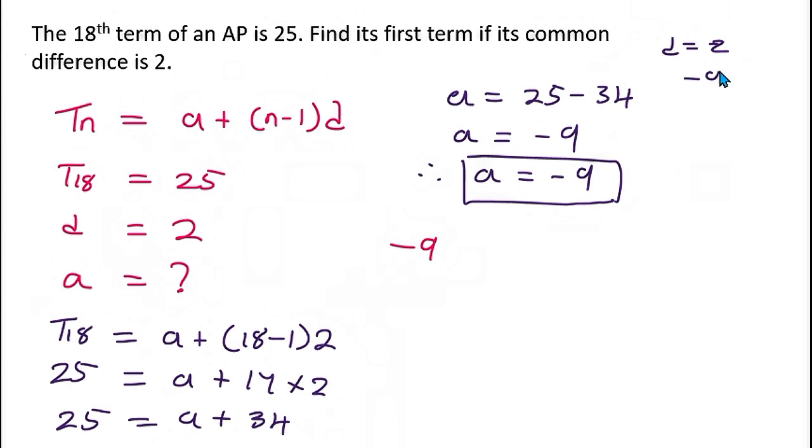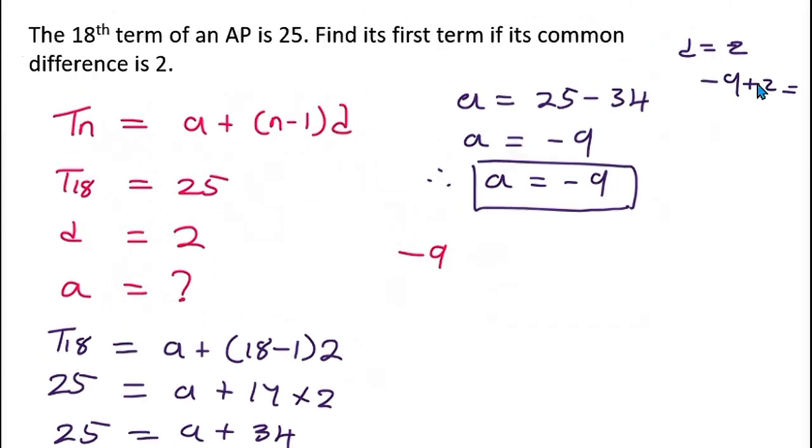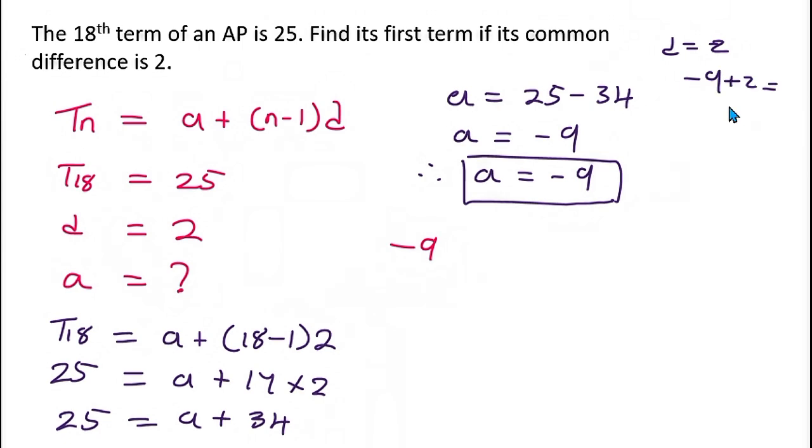So this will be minus 9 plus 2, which will give us minus 7. So if the first term is negative 9, the second term will give us minus 7, and minus 7 plus 2 will give us minus 5. Minus 5 plus 2 will give us minus 3, and minus 3 plus 2 will give us minus 1, and we continue. So we have been able to generate the first 5 terms of this sequence.